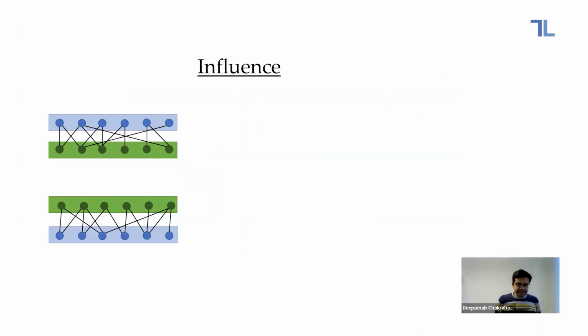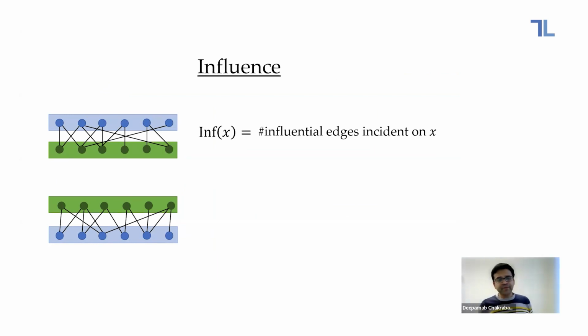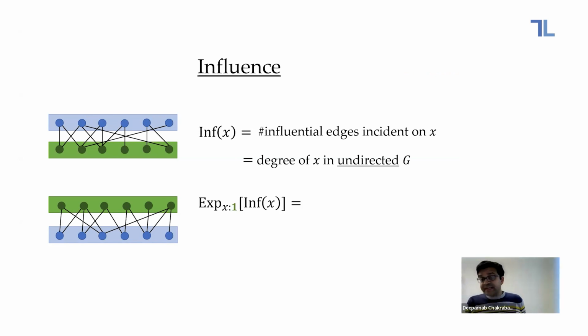Okay, coming back to undirected. For any x in the hypercube, we're going to call the influence of x, also called the sensitivity, but in this monotonicity literature it's called inf of x, the number of influential edges incident on x, which is basically the degree of x in this undirected graph G. So what is the average inf of x here?